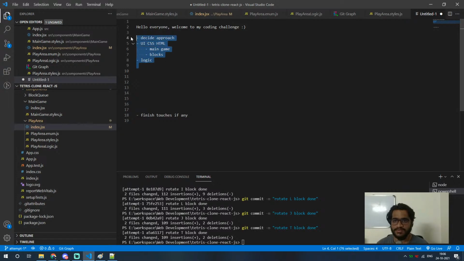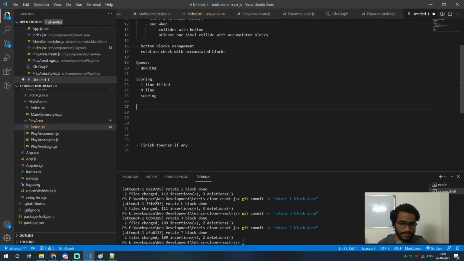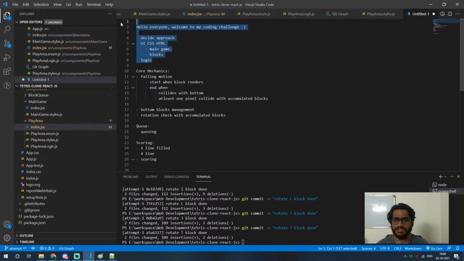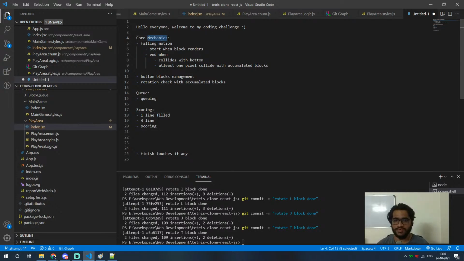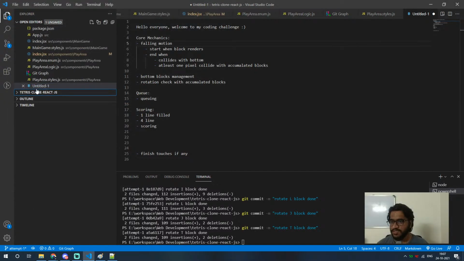I was going to work on the logic part, right? Finishing touches, if any. Decide approach. So we are done with decide approach. I'll just delete these. These are our new steps to follow. Where should I save this? I think I should save this in the parent directory.